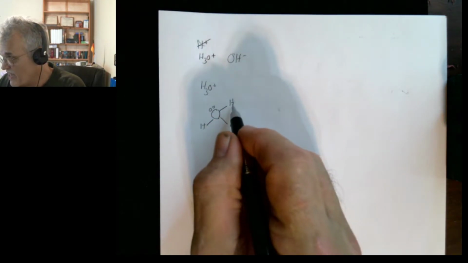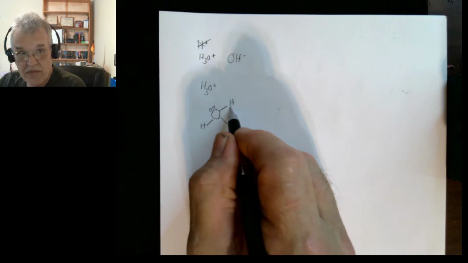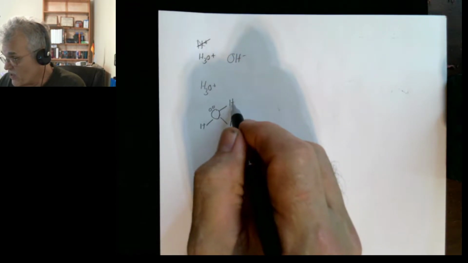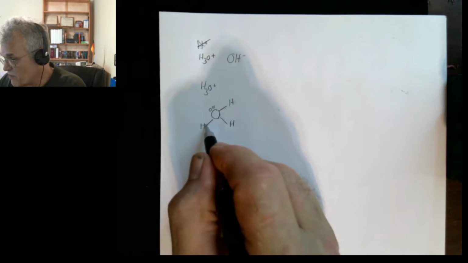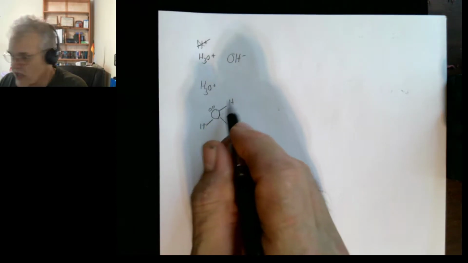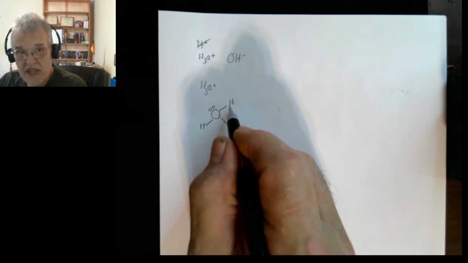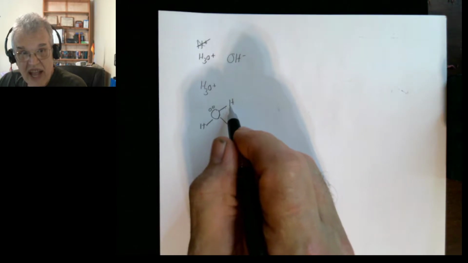In other words, if I take a proton and add it to a lone pair of electrons, that forms a hydrogen bound to that element. Because that's all this is: a proton with a pair of electrons. So certainly this meets the Bronsted-Lowry definition. Something donated a proton to this, and it formed hydroniums. So that was a proton donor.